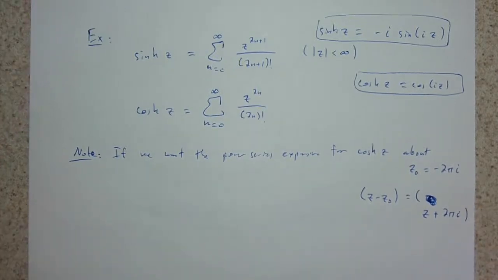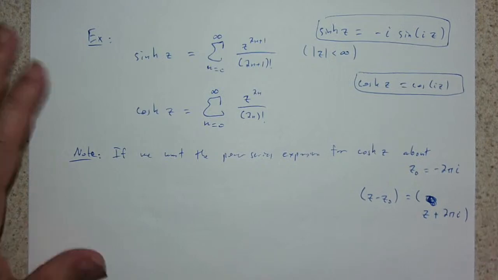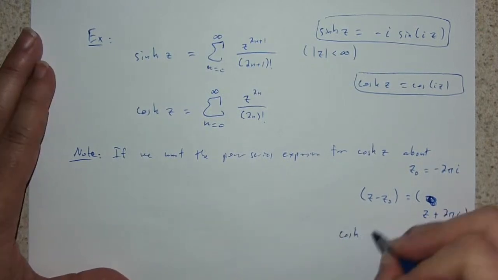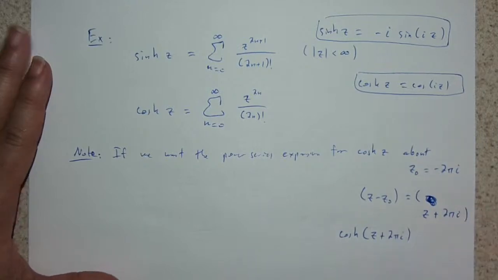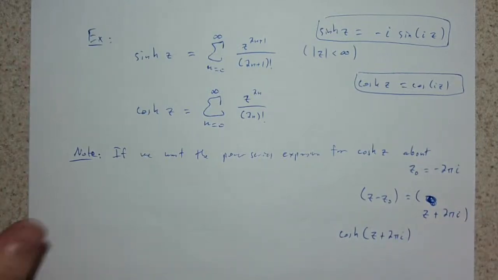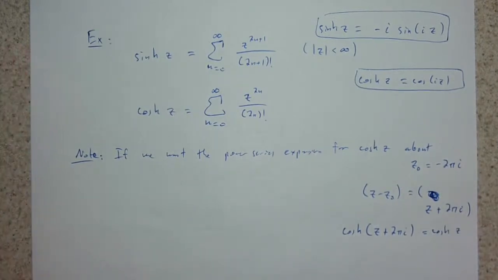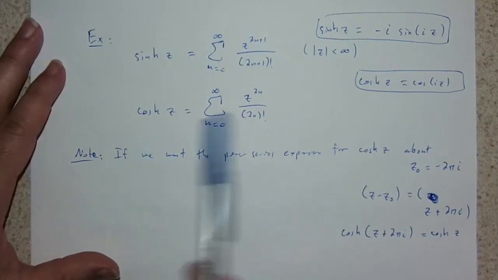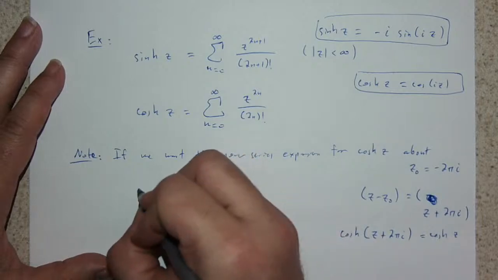If I want z plus 2 pi i to show up here, well, remember that cosh of z plus 2 pi i is actually cosh of z. And so I could write the expansion for cosh z about minus 2 pi i in the following way.